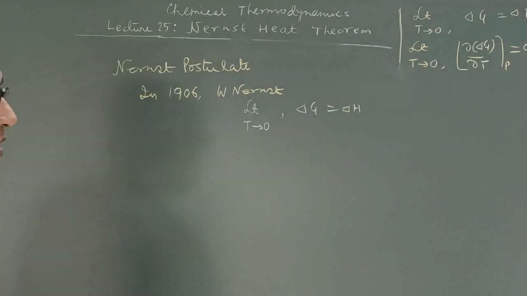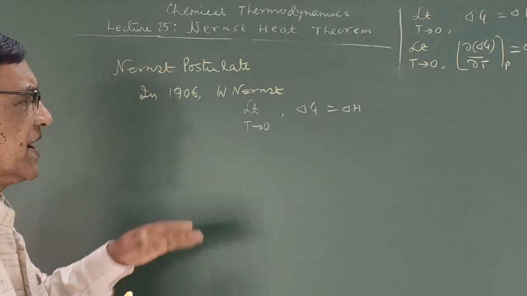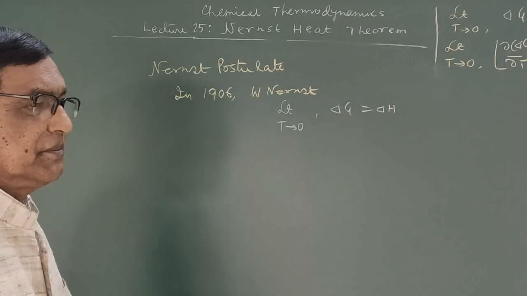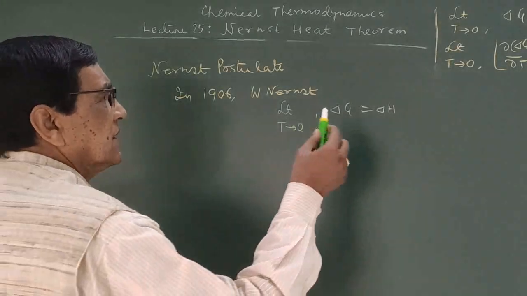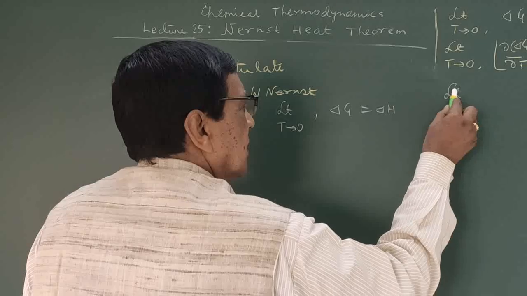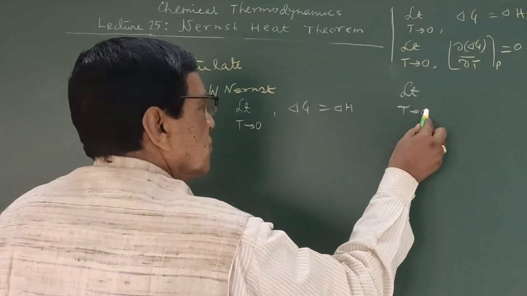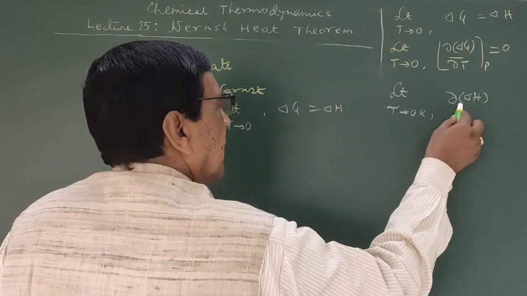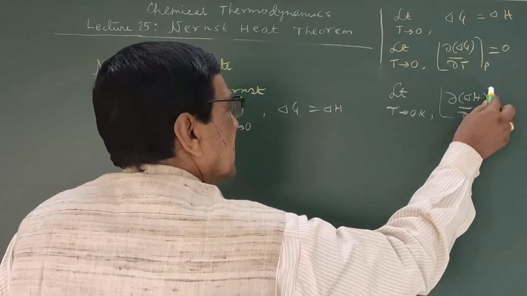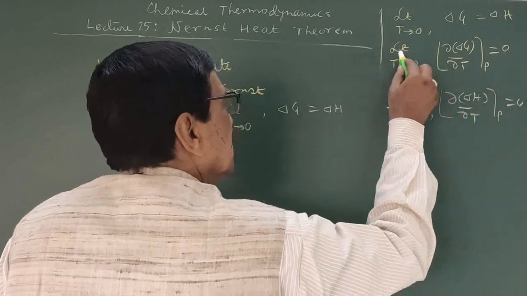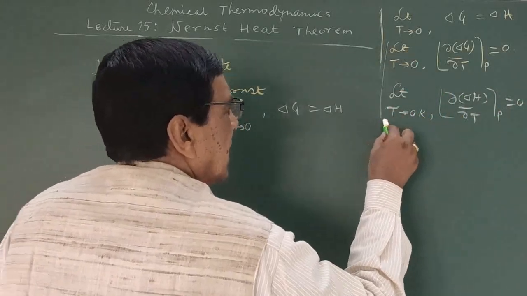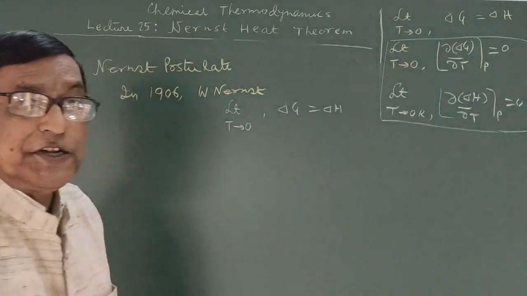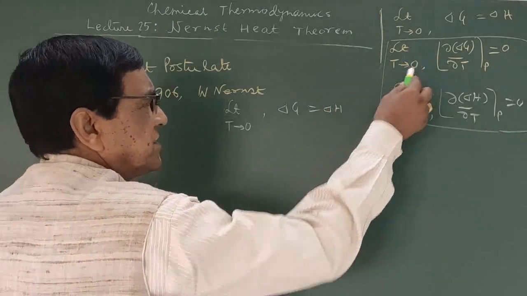so for the condensed phases, processes occurring at this very low temperature, this would also be valid: at T tends to 0 Kelvin, del delta H by del T at constant pressure equals 0. These two are called the Nernst heat theorem.